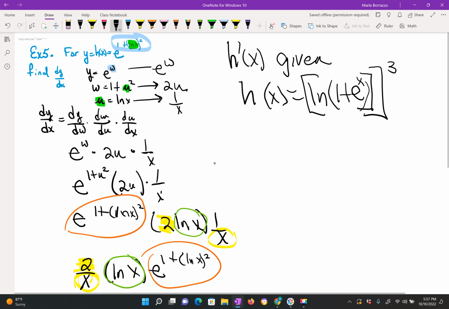So how would you label these at all? Where would you start on this set here? Y equals 1 over w. So y equals 1 over w, okay? And w equals 1 plus e to the x. Okay.